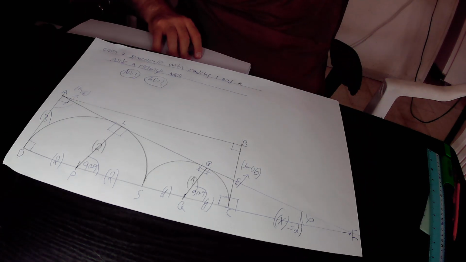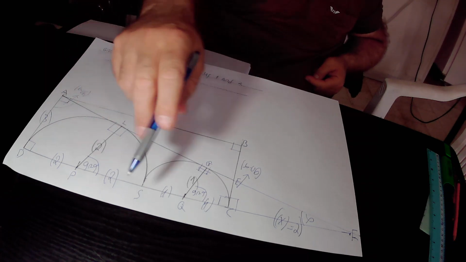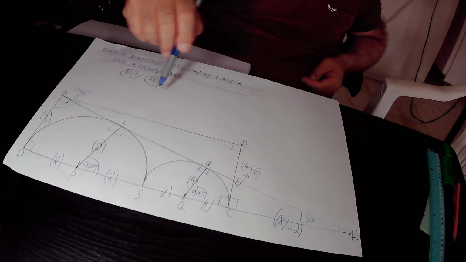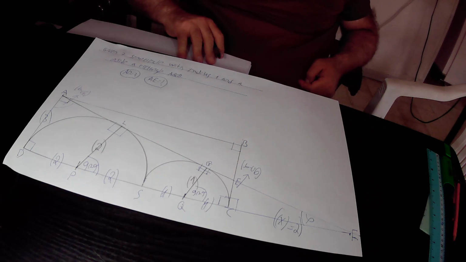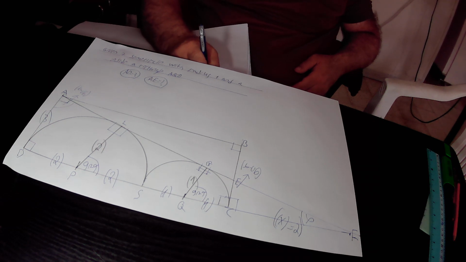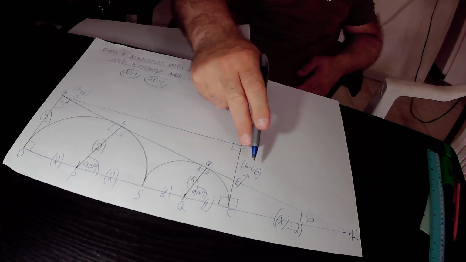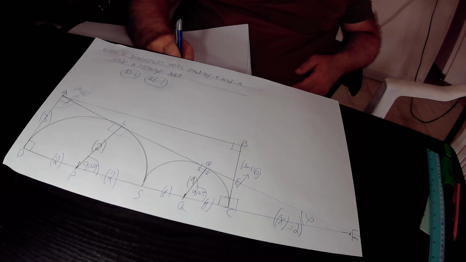In the next step, we will prove that the big right triangle ADF is similar to the small right triangle ECF. So write it down. We will prove that the big right triangle ADF is similar to the small right triangle, this small right triangle here.